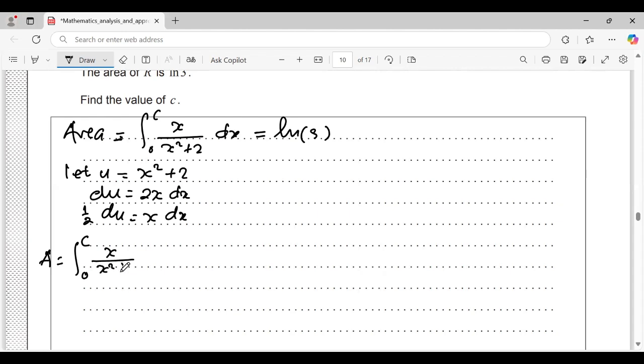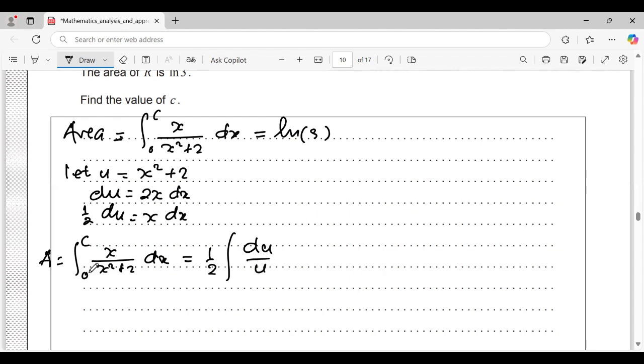So this integral becomes, area becomes the integral from 0 to c of x over x squared plus 2 dx. It is 1/2 because x dx equals 1/2 du. So 1/2 of this is du over u.